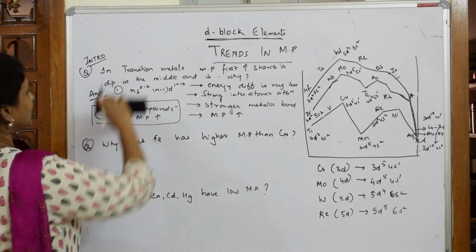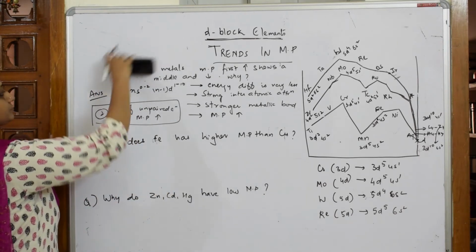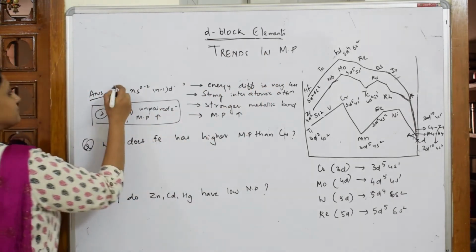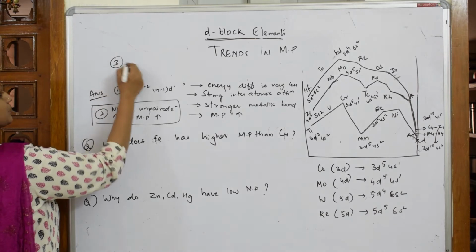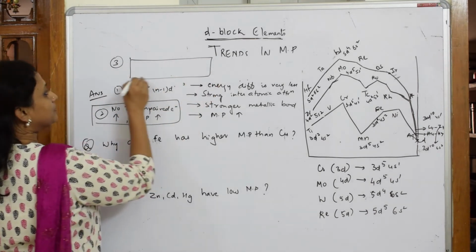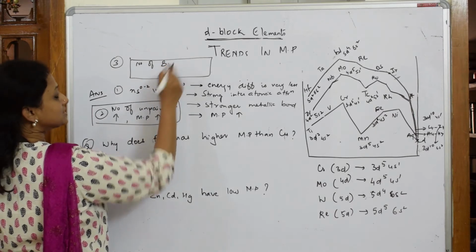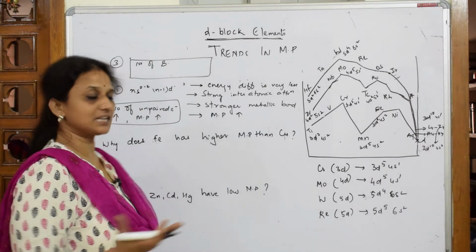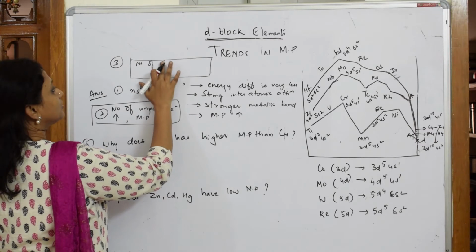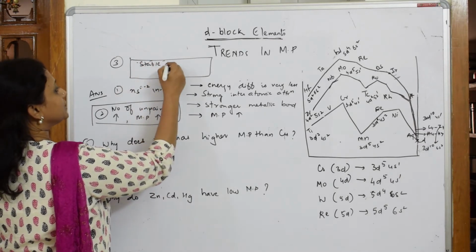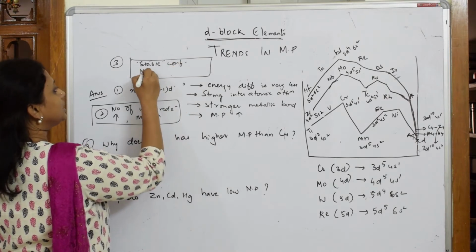I think I can erase this part of the board. So the next key point which I have to remember, this is my first key point, the second key point, the third key point. The third key point in melting point is: if it has a stable configuration, completely filled, then melting point decreases.